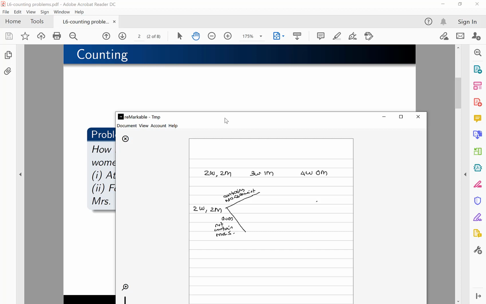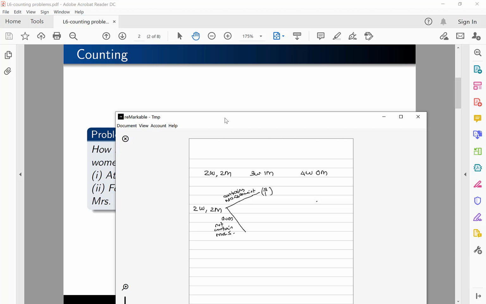If this committee contains Mrs. Schmidt, we're choosing 2 women, and out of these 2 women, one of them is Mrs. Schmidt. So we're essentially choosing one woman. We had 6 women in total. Out of them, 1 is Mrs. Schmidt, who's picked. So now we have 5 women left, and we're picking 1 woman out of 5.